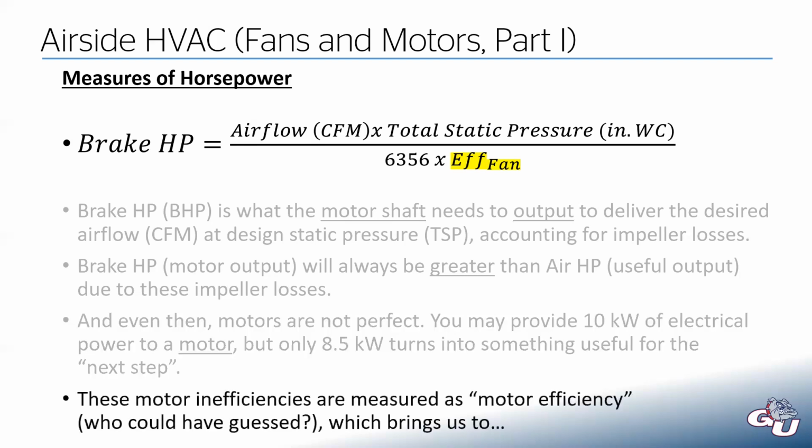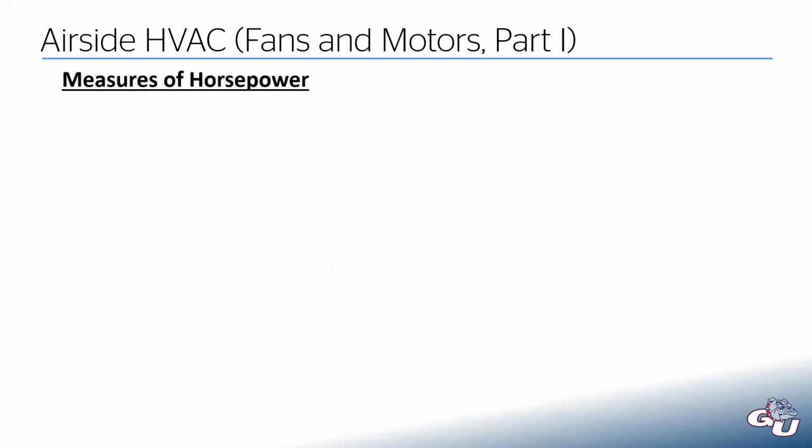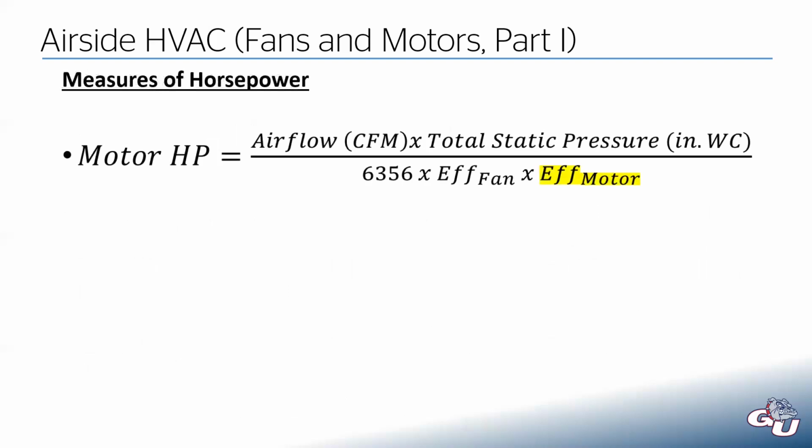And those inefficiencies are what are called the motor efficiency. I mean, who could have guessed that? And that brings us to the last measure of horsepower, which is descriptively called the motor horsepower. And that's the same equation again, except now we are factoring in that motor efficiency.